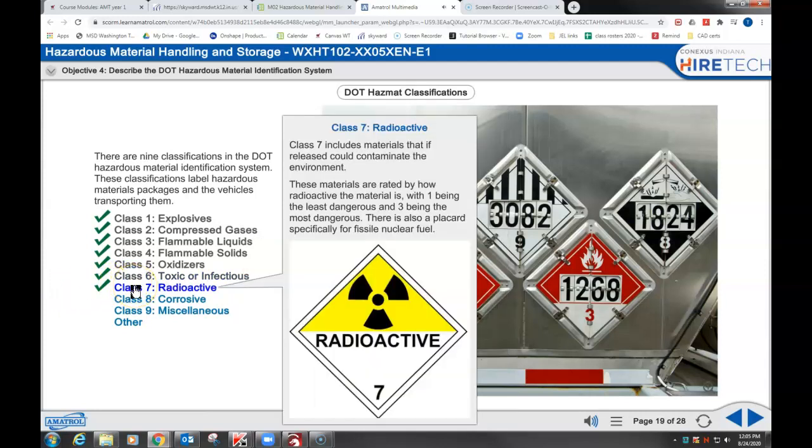Class 7 includes materials that, if released, could contaminate the environment. These materials are rated by how radioactive the material is, with 1 being the least dangerous and 3 being the most dangerous. There is also a placard specifically for fissile nuclear fuel.